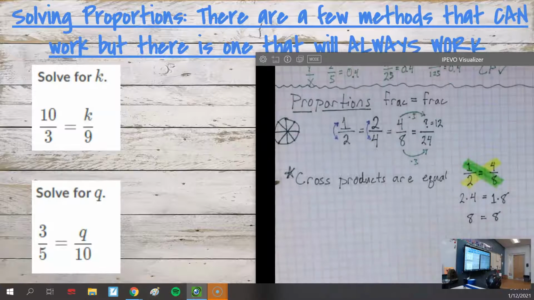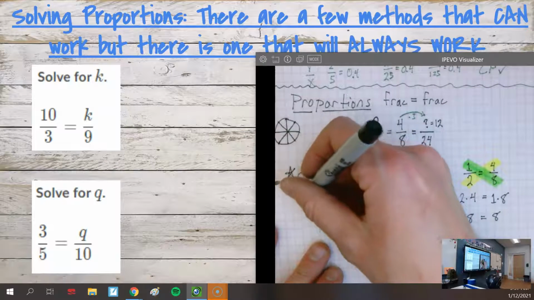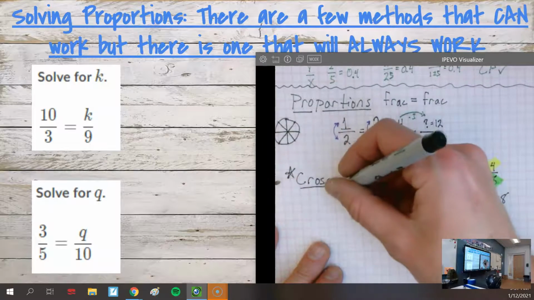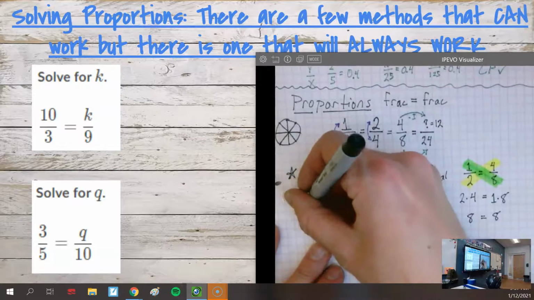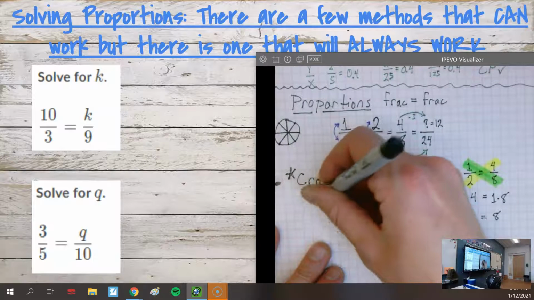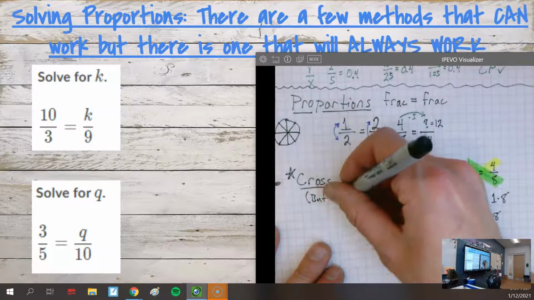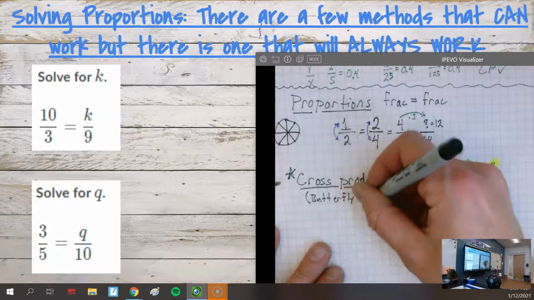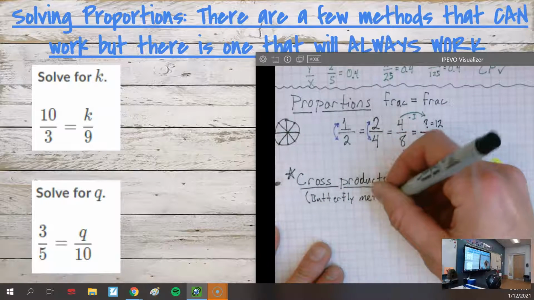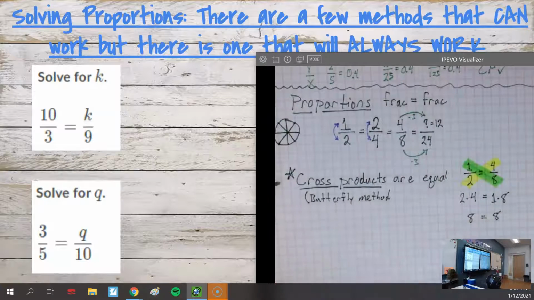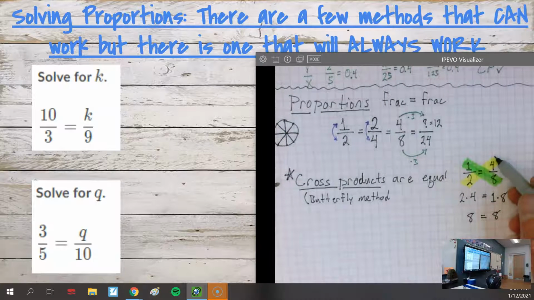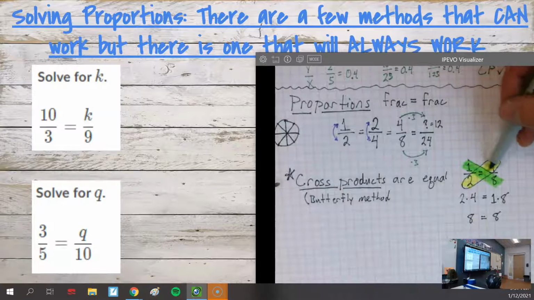Some of you, and guys, I don't care if you write this or not, some of you have heard this called something like a butterfly method. And if you're like, what butterfly method? It's because if we draw circles, it kind of looks like the wings of a butterfly.